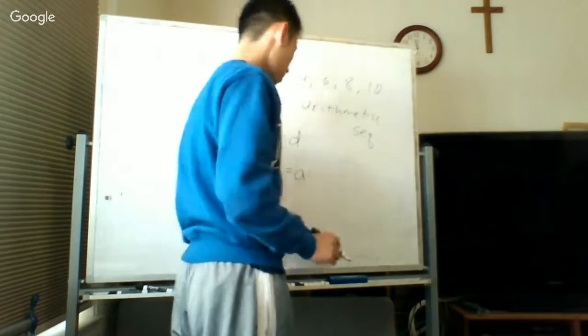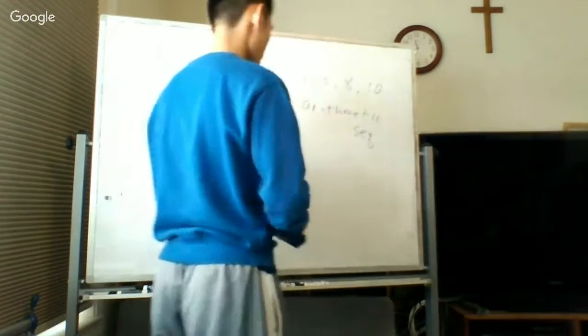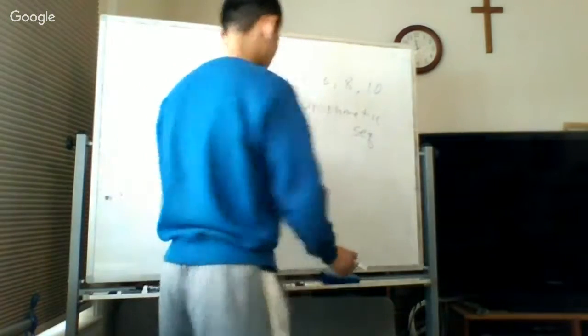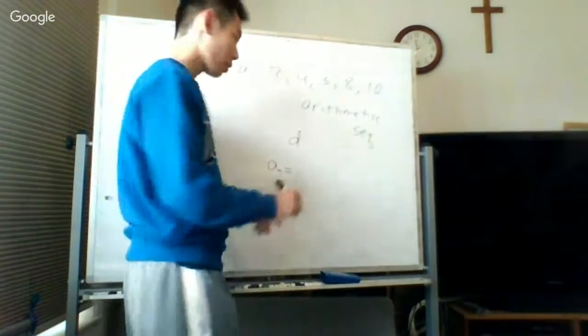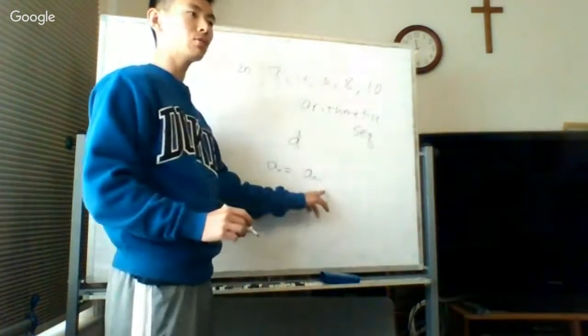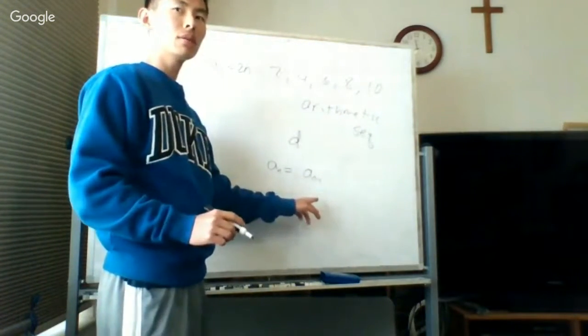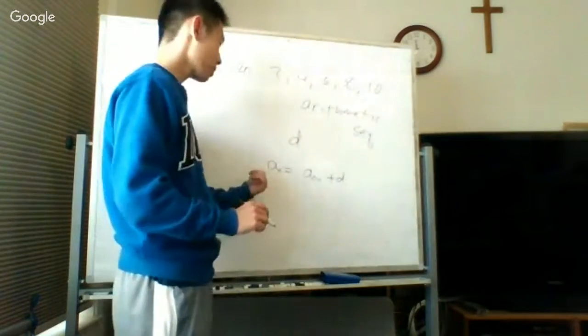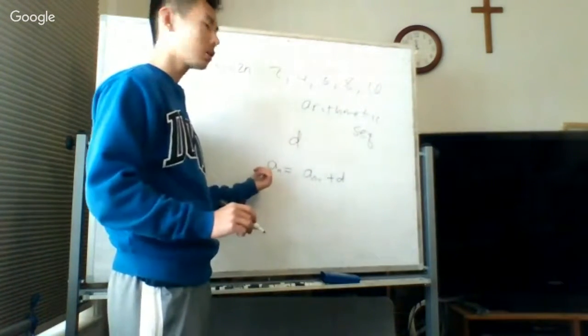Yeah, because for this one, no. Wait, no. So the nth term is equal to, and then we're going to put it in terms of the previous term, which is the a sub n minus 1 term, plus D. This is always going to be the recursive formula.